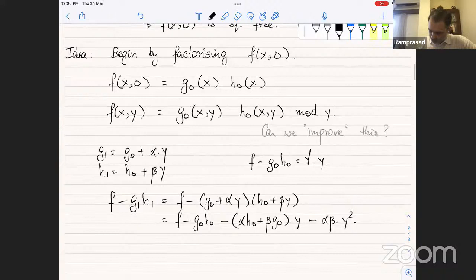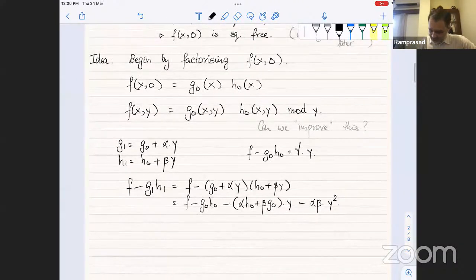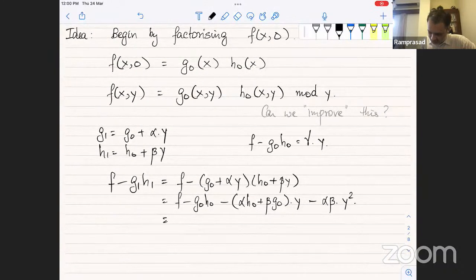And I want to look at this equation mod y squared, because I'm hoping that f is equal to g1 h1 mod y squared, because that's our improved step. And for that to happen, f minus g0 h0 was gamma times y. So this is basically y times gamma minus alpha h0 plus beta g0, the whole thing times y.